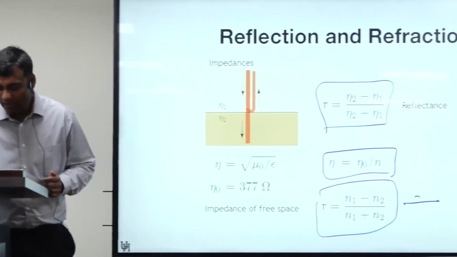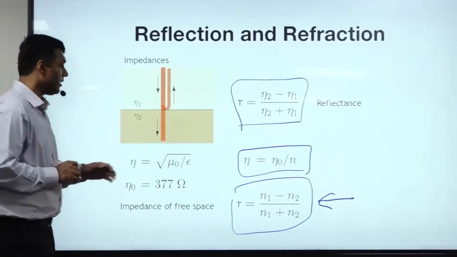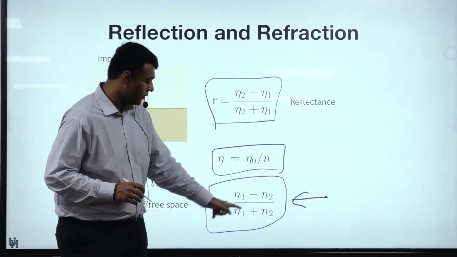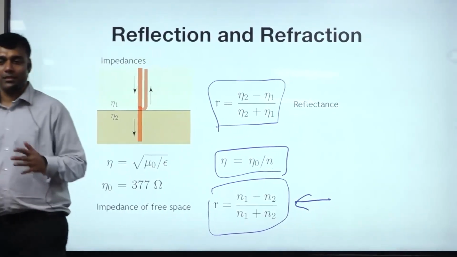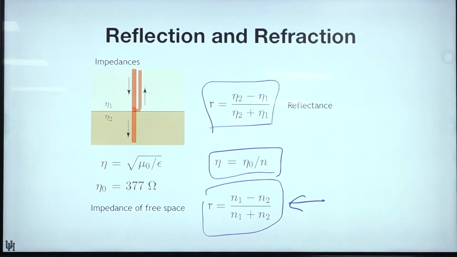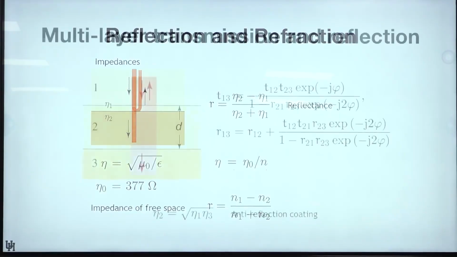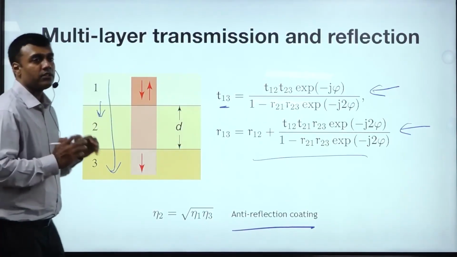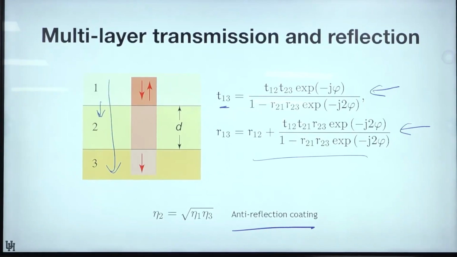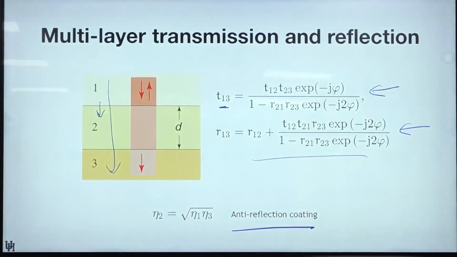It's because if the refractive index of air is 1 and glass is 1.5, then (1.5 minus 1) divided by (1.5 plus 1) gives a reflection coefficient. This is not 0, so some amount of light reflects back. Because of that reflection, the amount of light that goes through the lens is not 100%. So that's a problem, right?